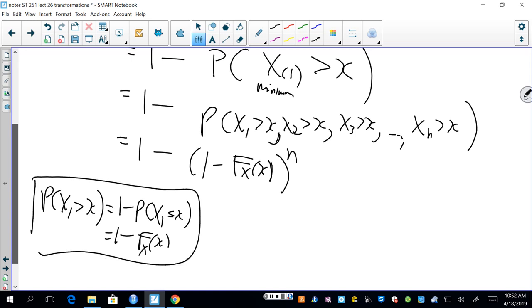So the probability that one of these is bigger than x is this thing. They're identical, they're independent, so we multiply that together n times, and so it's to the n power. That's the cumulative for that one. So if we differentiate it, we get the density.